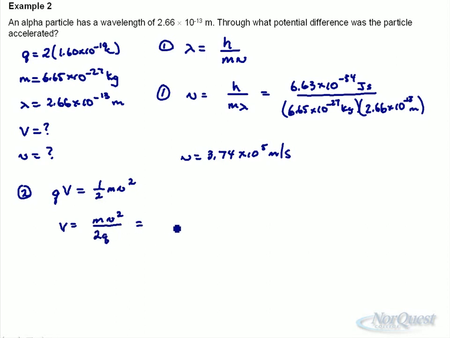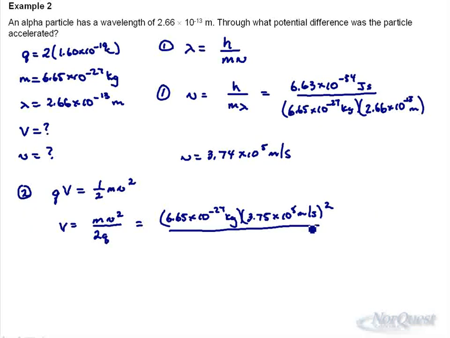Put those numbers in: 6.65 times 10 to the negative 27 kilograms times the velocity, 3.75 times 10 to the 5 meters per second squared, divided by 2 times the charge. So I'm going to go 2 times 3.20 times 10 to the negative 19 coulombs.